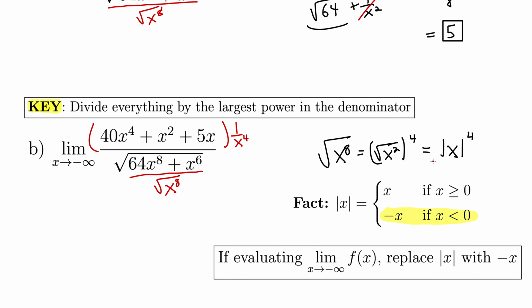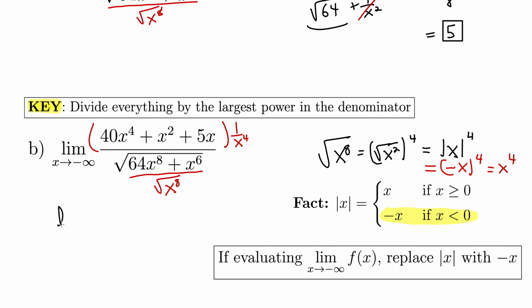Well, because this was absolute value of x to the fourth, but now we know we replace that with negative x to the fourth, but when we're raising it to the power of 4, we're just back to x to the fourth again because negative raised to an even power is positive. So what we did up here was completely legit in this case, but it won't always be. So I wanted to slow down and take a really close look at that, because there are examples when you have to change the sign of x when you take the limit as x goes to negative infinity.